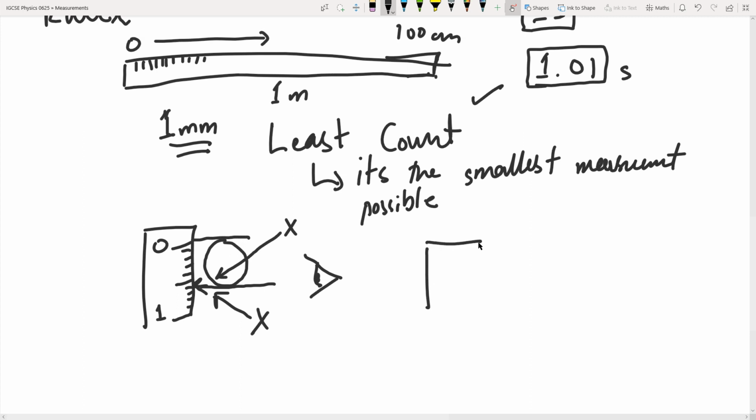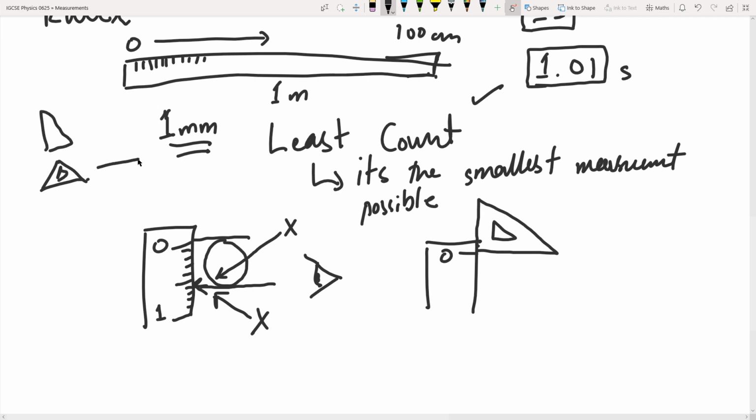I must use a set square to first set my object precisely. Now in a set square, you do know there are several articles that we have. One is a triangle like this, an isosceles triangle, right? And then I have a right angled triangle, and then I have a protractor in there, and then a small little ruler, right?